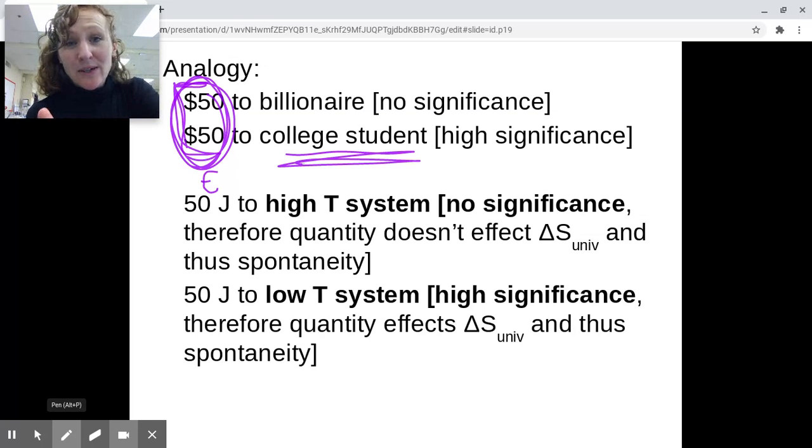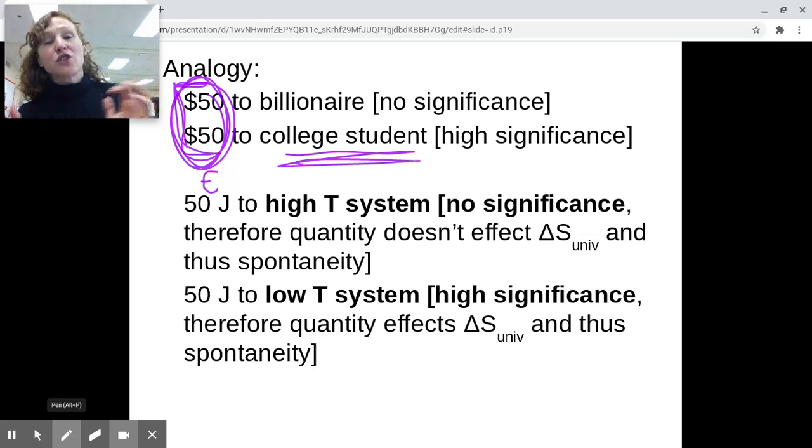They're going to be so excited. They're going to run, they're going to dance, they're going to hug people, they're going to kiss people, right? They're so happy you just gave them $50 because they don't have very much. And that input of money is going to make a big difference to them. The percentage of change that this makes for the college student is big.